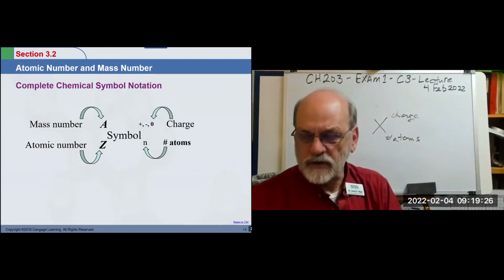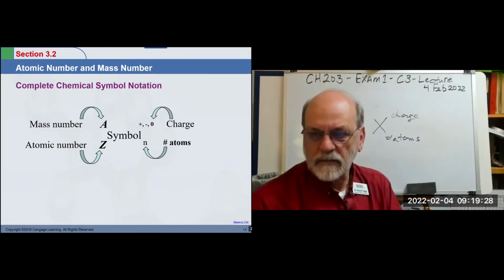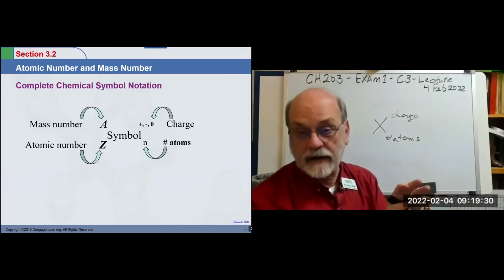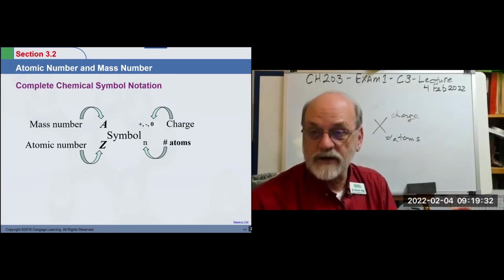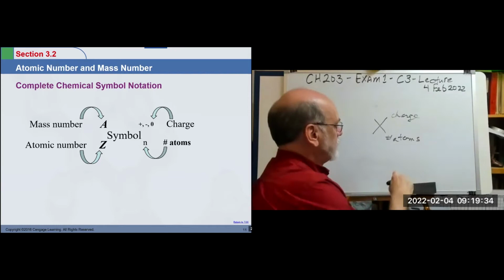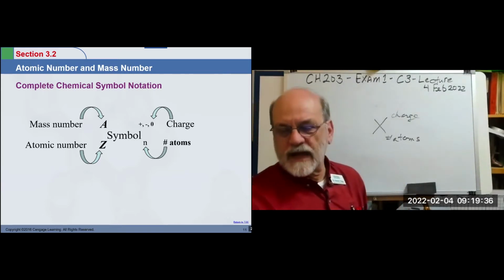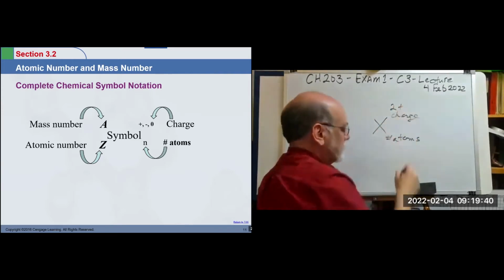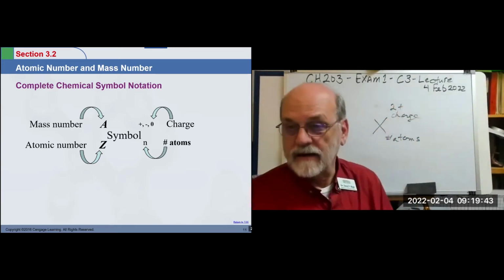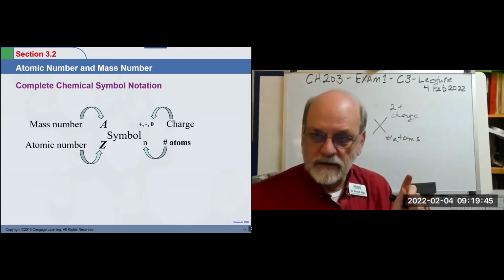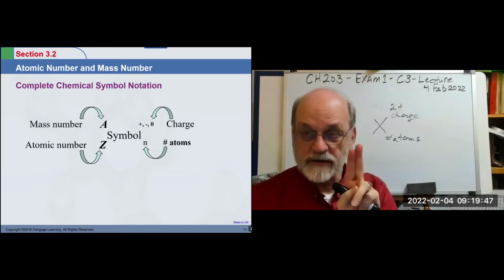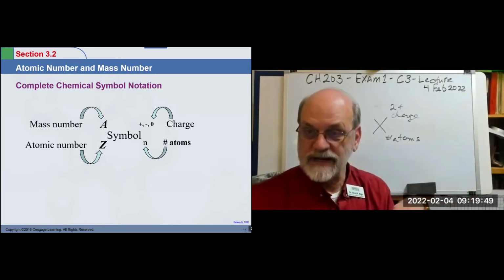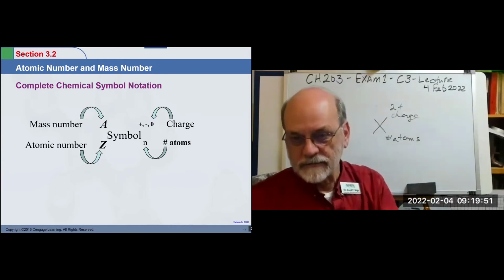But in chemistry, usually, if it doesn't have a charge, we don't put anything. If it does have a charge, then we'll say how many there are. Let's say we have an atom that has a 2+ charge. Well, what does that mean? That means you've got 2 more protons than you do electrons. There's an excess of 2 protons.